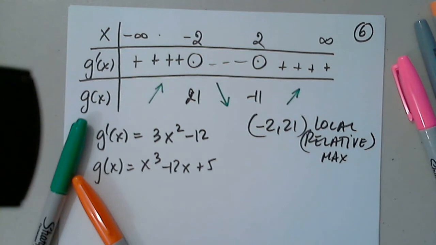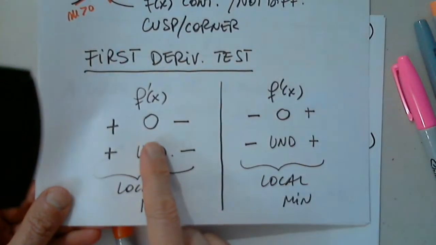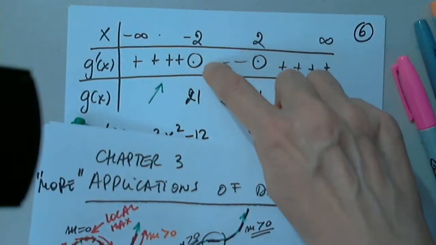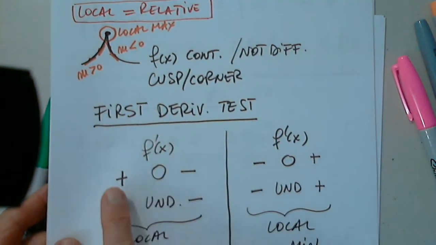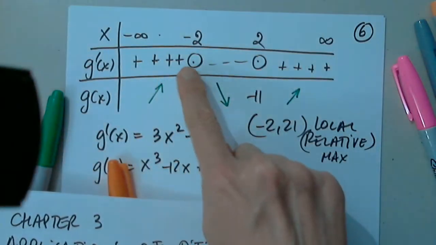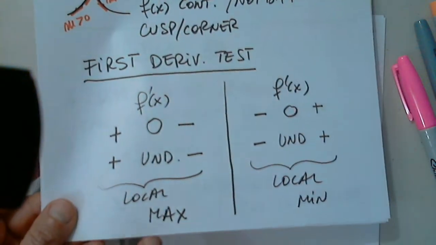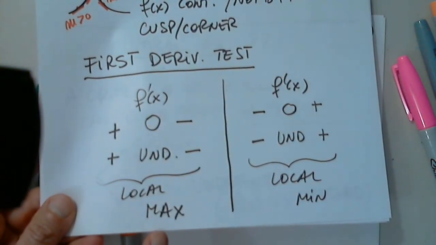Awesome. So what have we established? The first derivative is 0, and it changes sign from positive to negative. Therefore, this is a local or relative max.